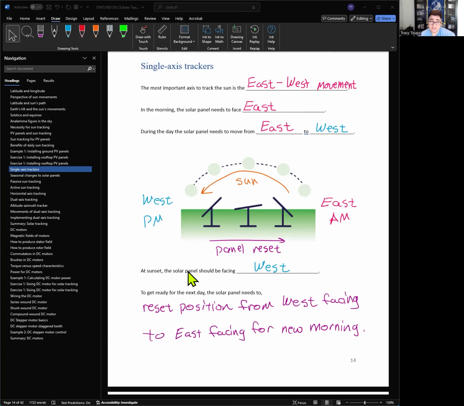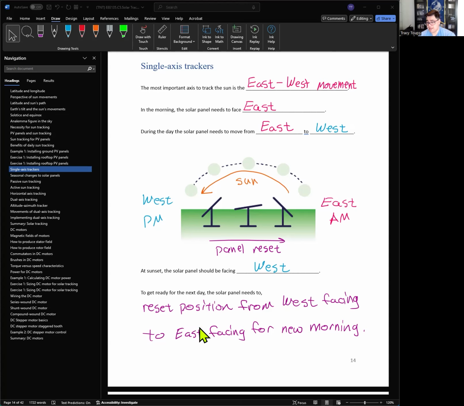Now, this is another very important part. When it's nighttime, the panel is facing west. We need to have a mechanism that will realign it and change it back to east for the next day. So during the nighttime, your solar panel system must be smart enough to reset its position from west back to east. You could do this with a microcontroller.